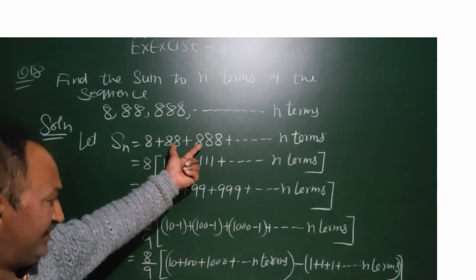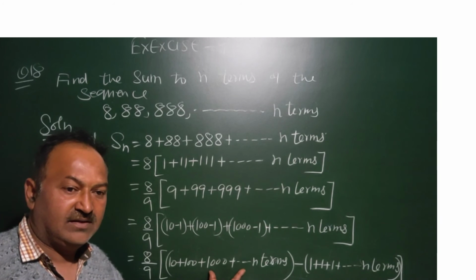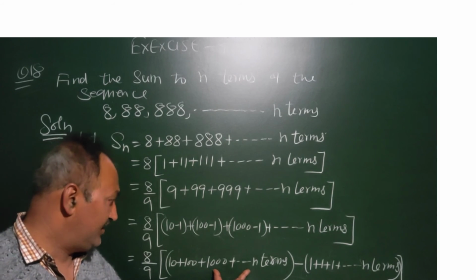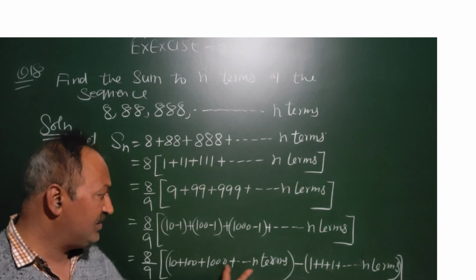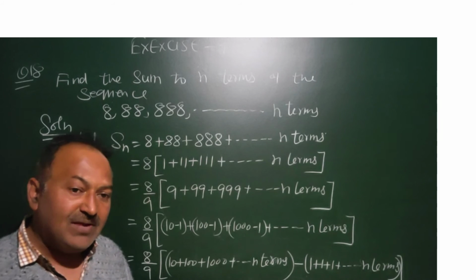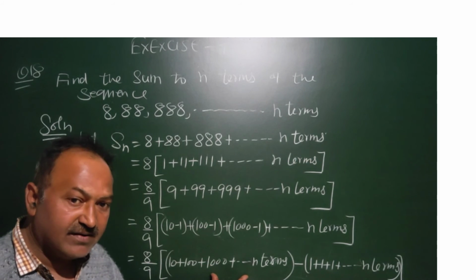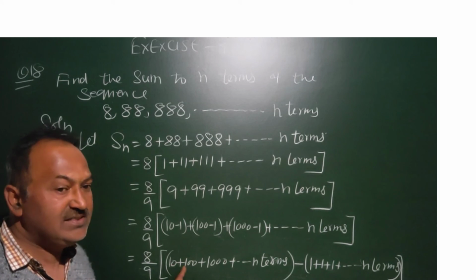Now this sequence converts into a geometrical progression. 10, 100, 1000 and so on up to n terms is a GP. You can apply the formula of Sn here, where A is 10 and R is also 10, which is greater than 1.